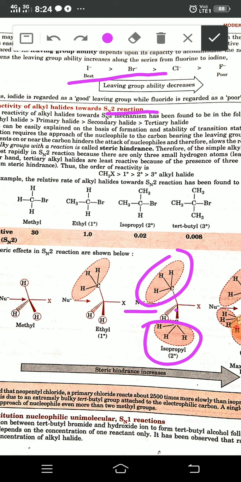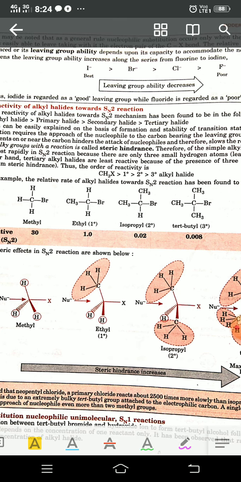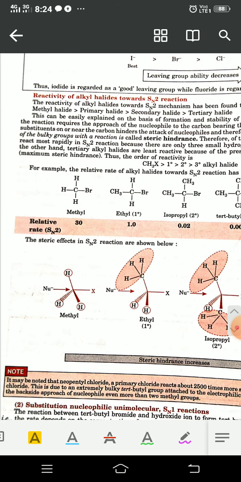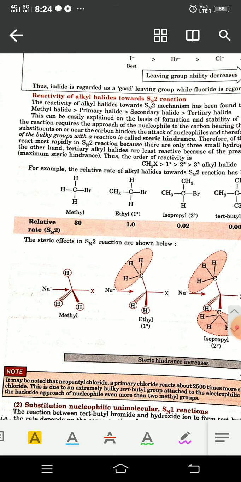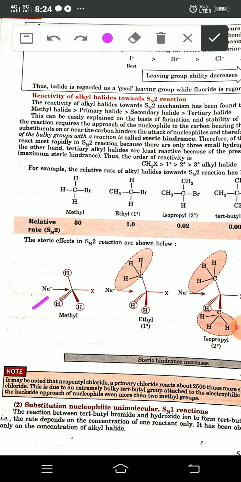This has been shown by these examples here. This methyl group will create hindrance for the attack of the nucleophile. So this nucleophile gets hindered due to this methyl group.